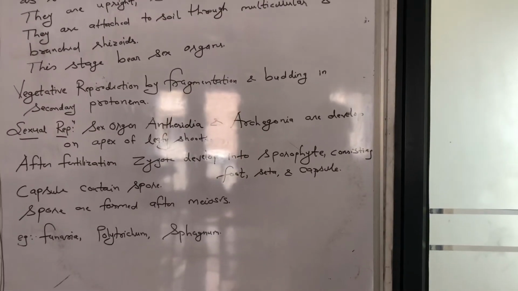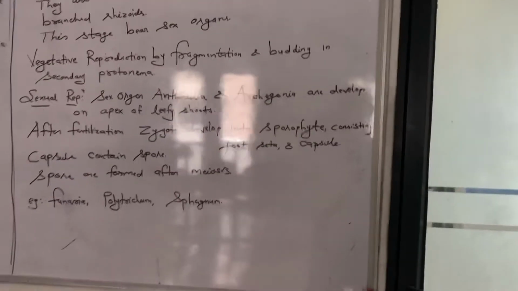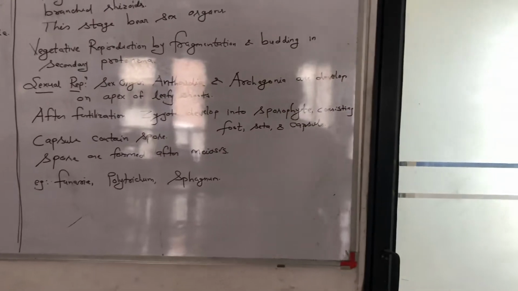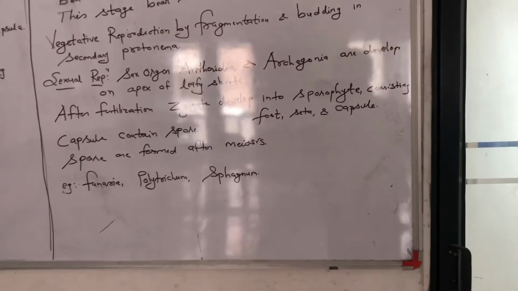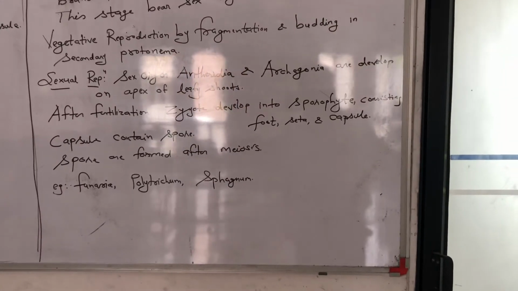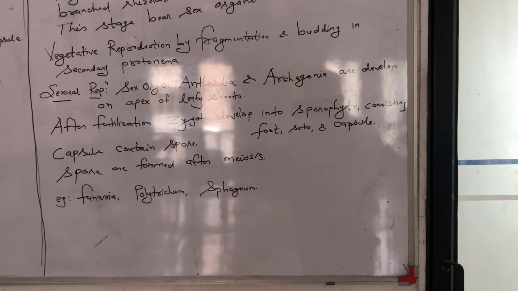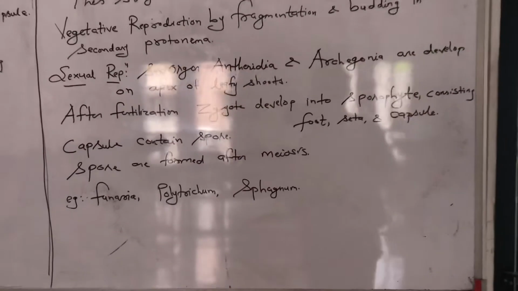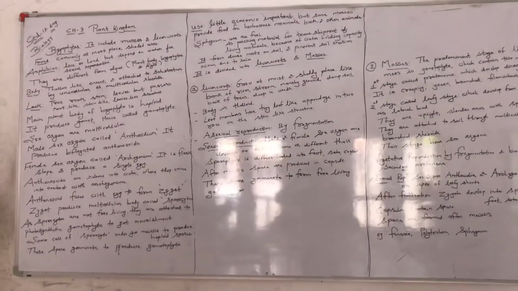That is from the leaf-like structure, and on the top of that the sex organs are developed. The capsule contains spores. These spores are formed after meiosis, and examples are Funaria, Polytrichum and Sphagnum.